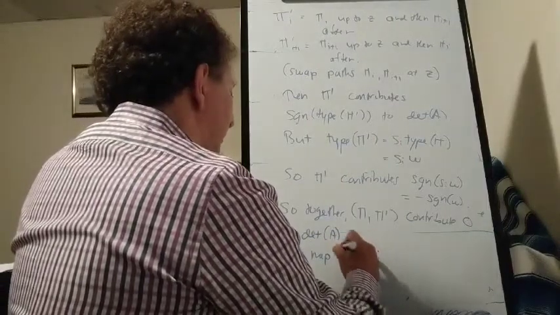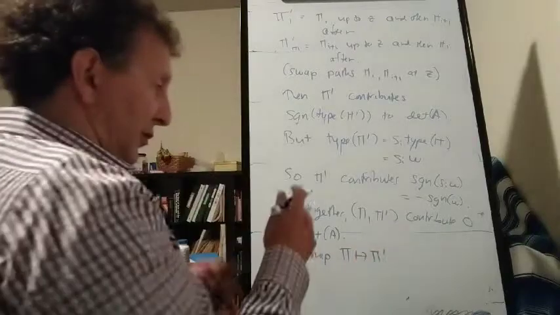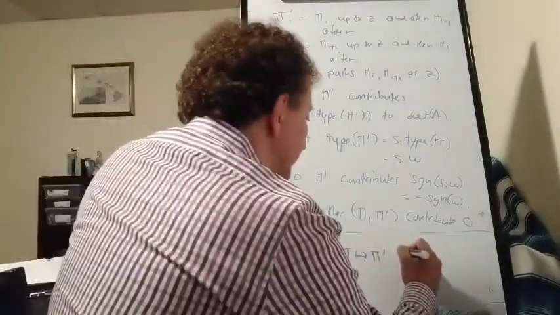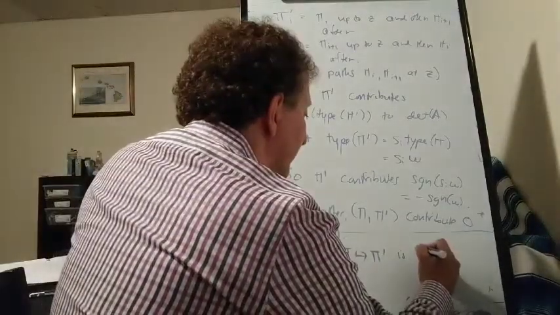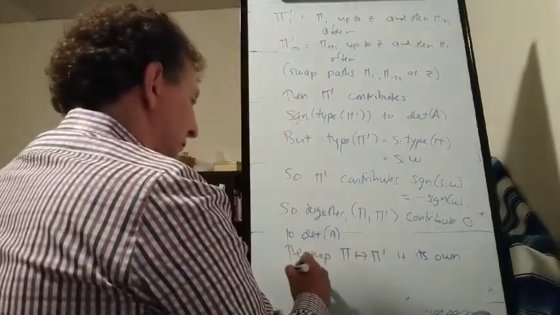Now the map pi to pi prime that we get by swapping the two paths is its own inverse, so it's an involution.